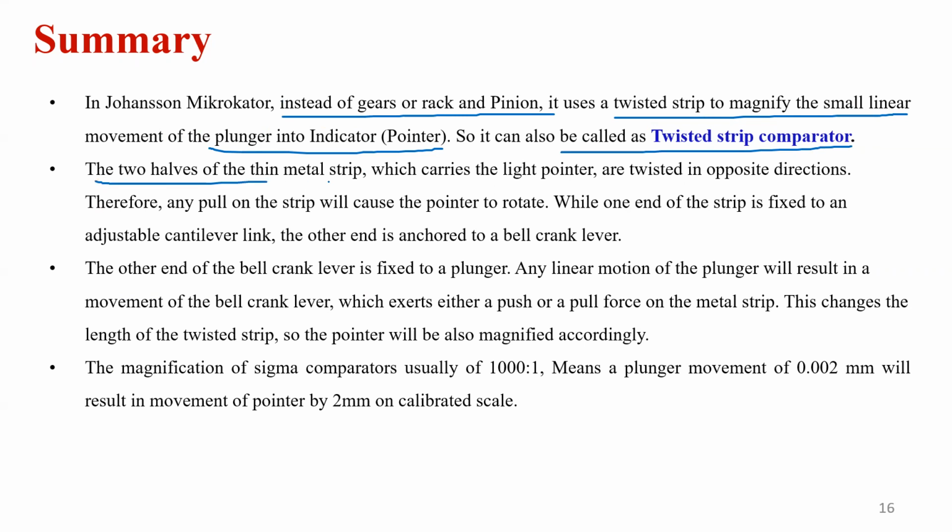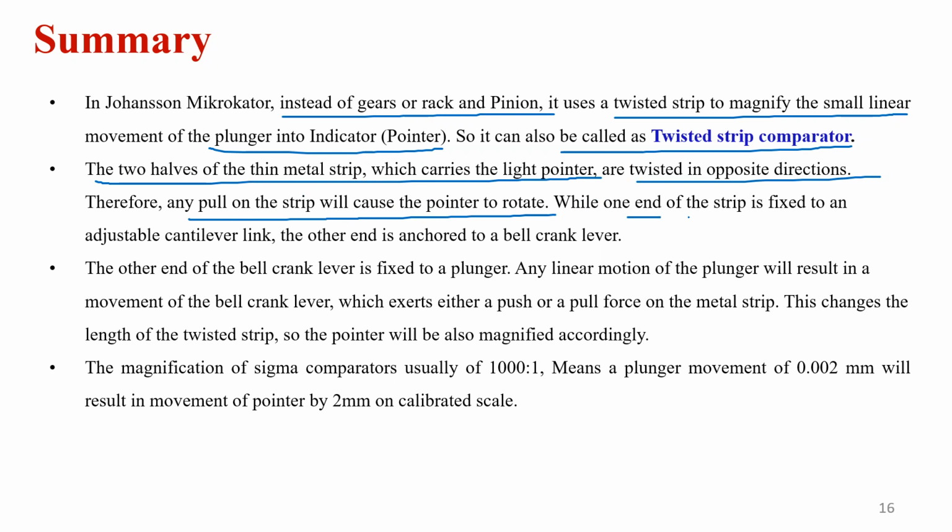The two halves of the thin metal strip, which carries a very light pointer, are twisted in opposite directions, so that it also rotates, which causes the rotation of the pointer. Therefore, any pull on the strip will cause the pointer to rotate.